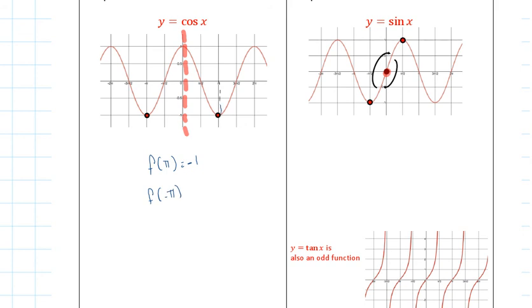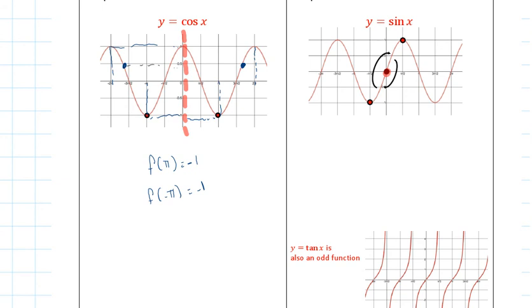If you're looking at f of 2 pi, that's equal to 1. F of negative 2 pi equals 1. Okay, so you're looking at the point and its negative value, and you're going to see that this point here and this point here have exactly the same value. And that's what we call a symmetry around the y-axis.